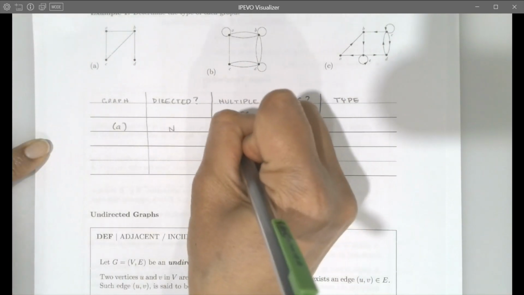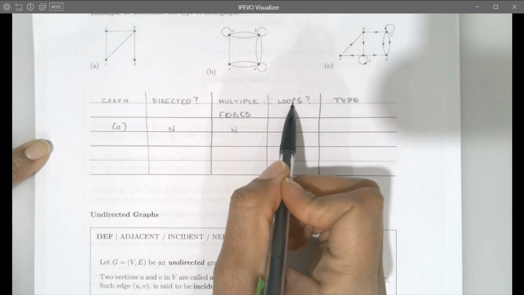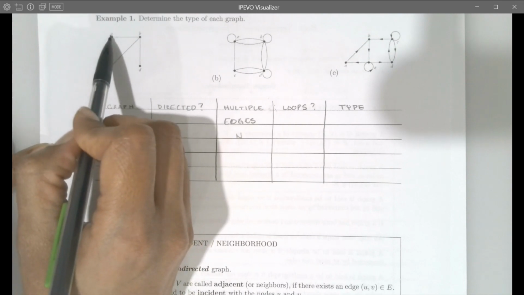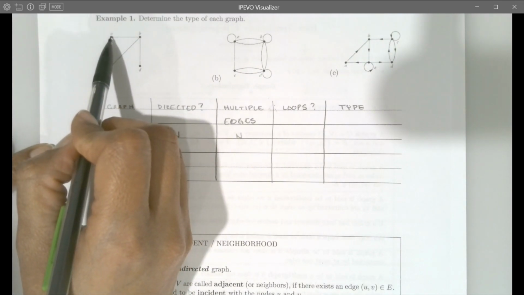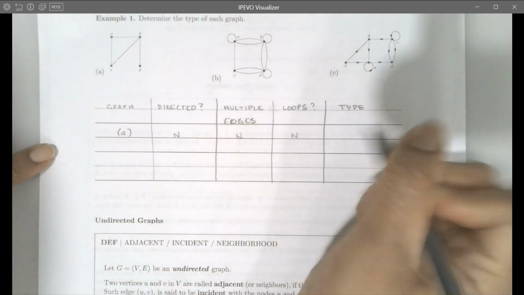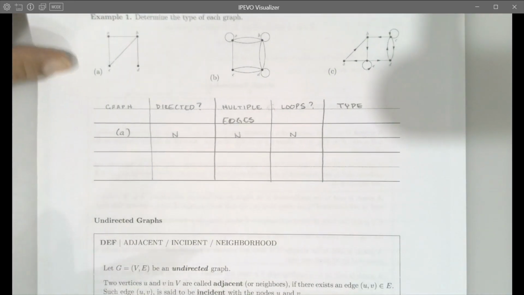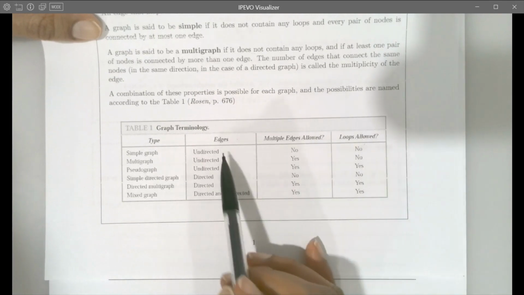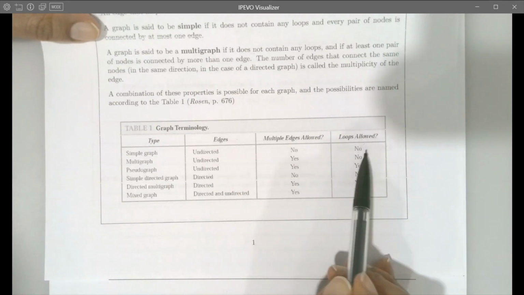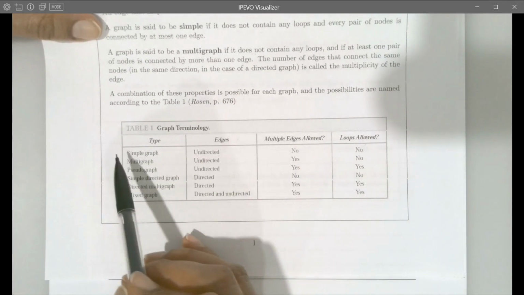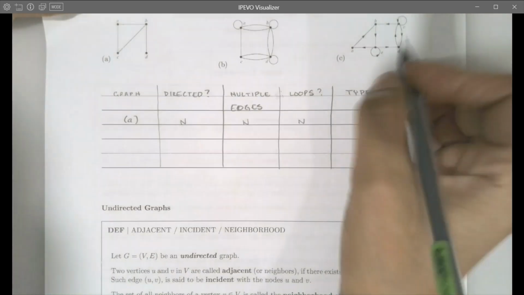The answer is no. Does it have any loops, meaning, does it have any nodes that contain an edge mapping back to itself? The answer is no. So based on these three attributes, it's undirected, no multiple edges, no loops. That corresponds to the first type, the simple graph. Okay, so graph A is simple.